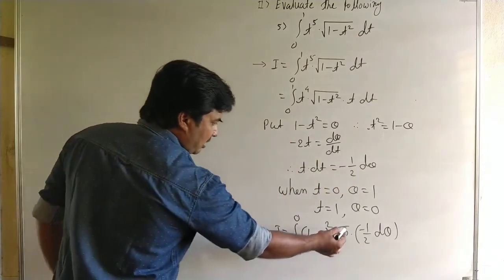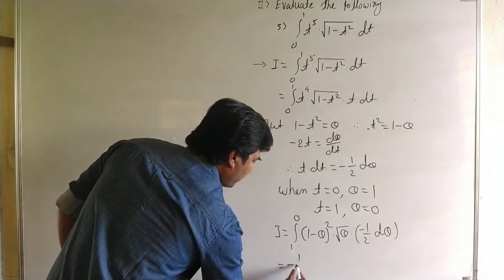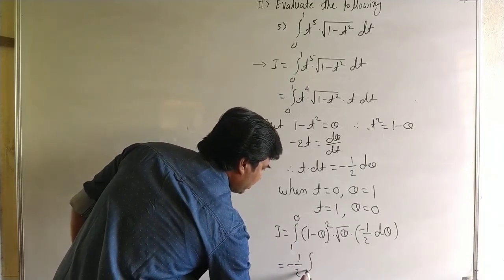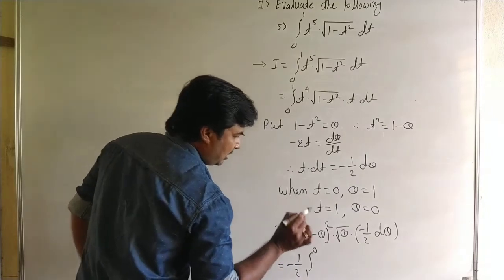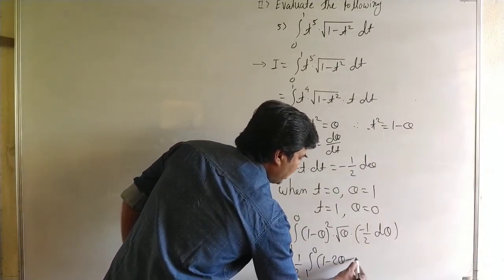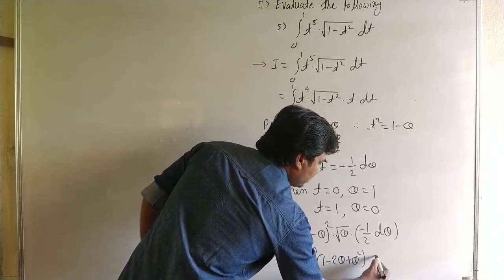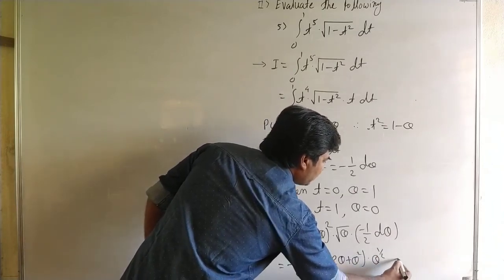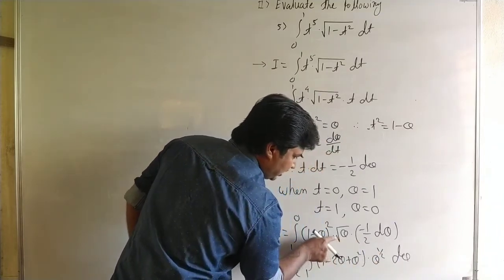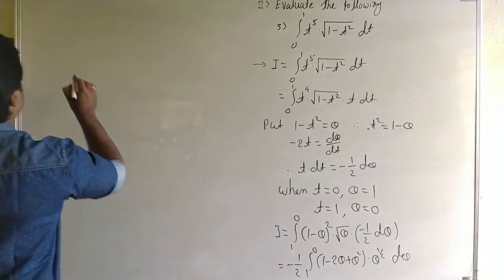Now take the minus 1 by 2 outside, therefore it is minus 1 by 2 into integral 1 to 0 of 1 minus 2 theta plus theta square into theta to the power 1 by 2 d theta.